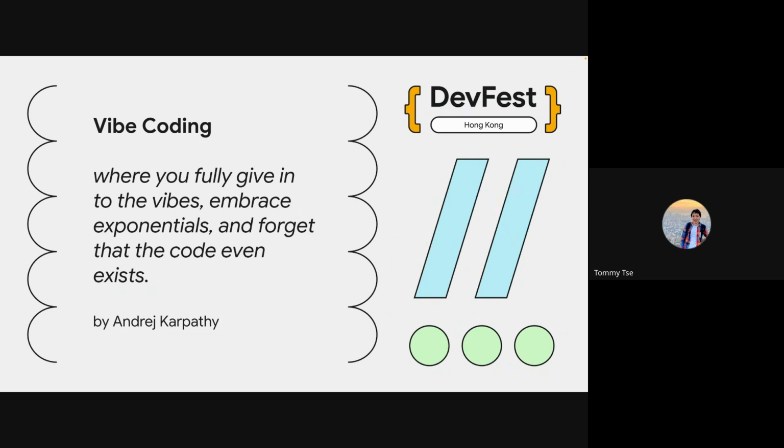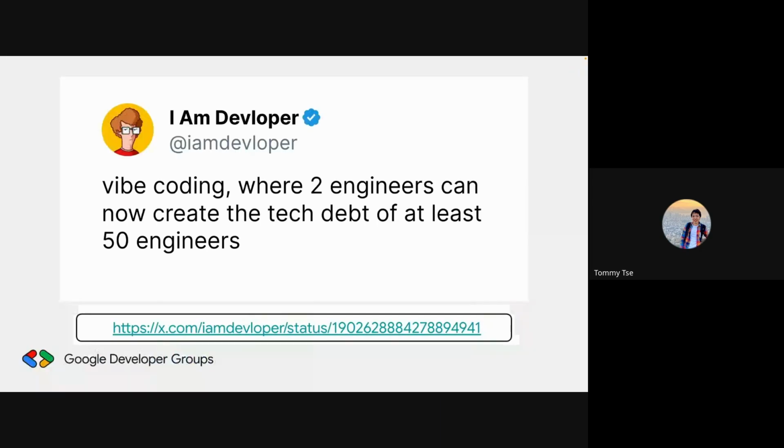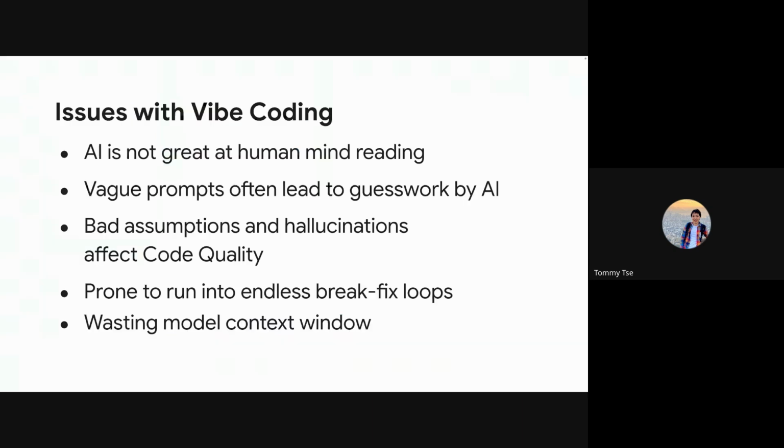So there are two sides of the coin to be aware of. And we've seen this before, where two engineers can create a completely new thing, but you need 50 engineers to fix all the problems with vibe coding. If you search on the internet, many people talk about these kinds of jokes. But here we are.